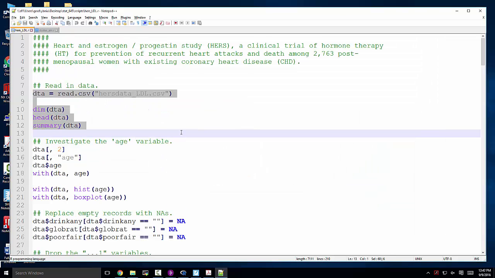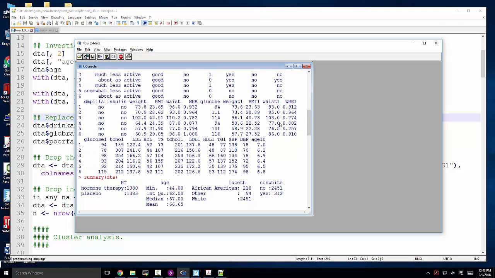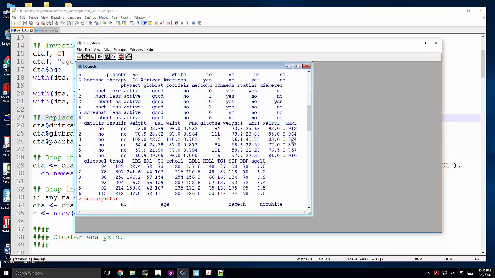In our script, we got rid of any individuals who had missing values, and we got rid of some of these variables that I don't know the definition of, but that have too many missing values for us. So there's weight-height ratio, and then there's weight-height ratio 1. There's glucose, and then there's glucose 1, and so on.